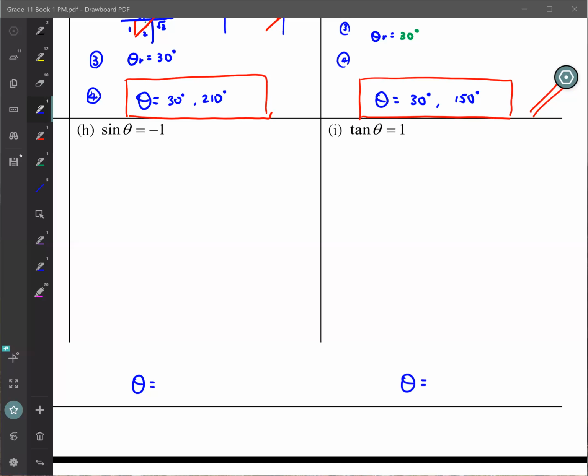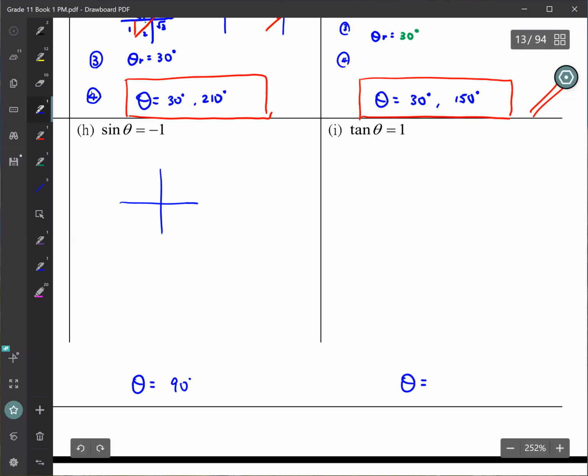Okay, you should be done with H now, right? H is pretty easy. You move on to I. So Jiawen, what's your answer for H? 90 degrees and 270 degrees. 90 and 270.